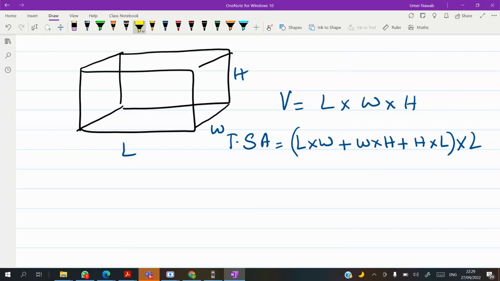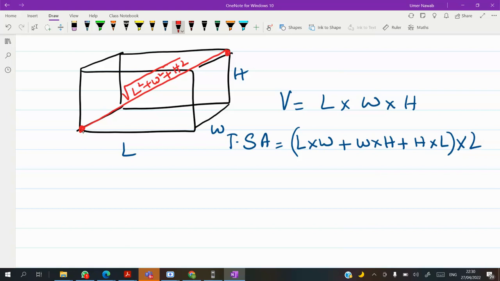Another important thing in a cuboid, guys, is if the examiner joins the opposite corners. Then we can find its length, and the formula is length squared plus width squared plus height squared.